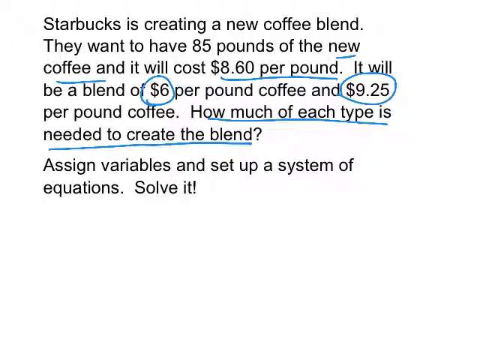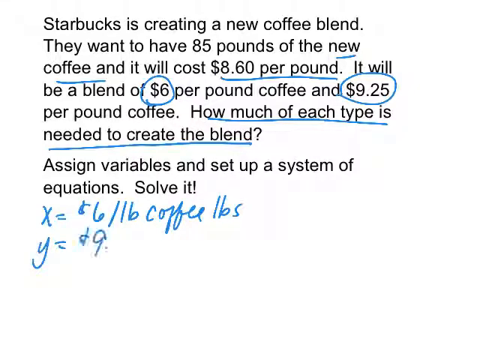So I'm going to say X equals the number of pounds of the $6 per pound coffee, and Y is the number of pounds of the $9.25 coffee.